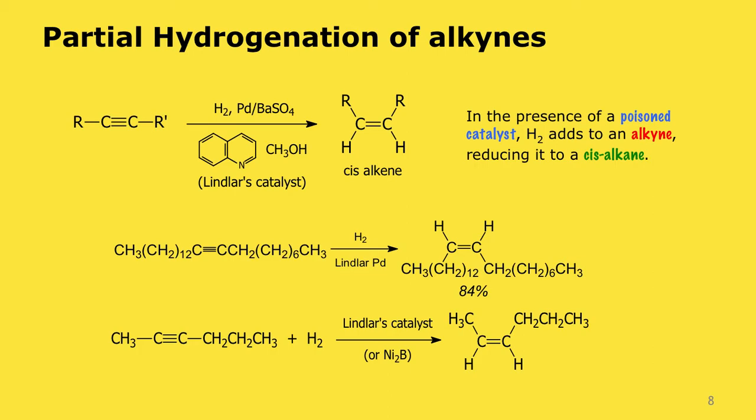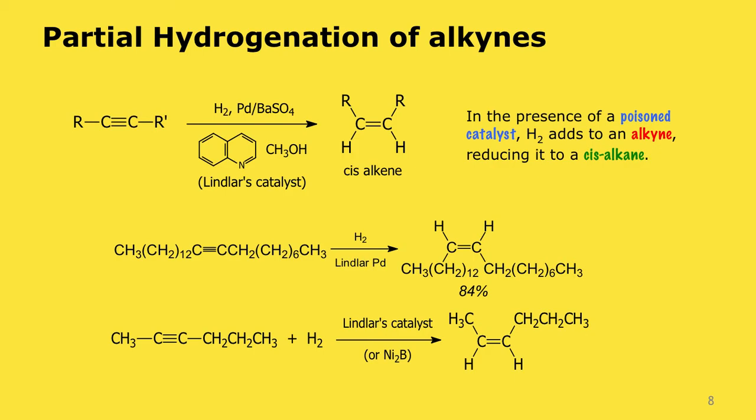One way of doing the hydrogenation is to use what's referred to as a poisoned catalyst. This is a catalyst that has been somewhat deactivated so that it will carry out the first reduction of the triple bond to the double bond, but it's incapable of catalyzing the further reduction of the alkene into the alkane.